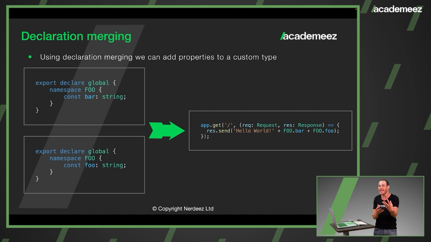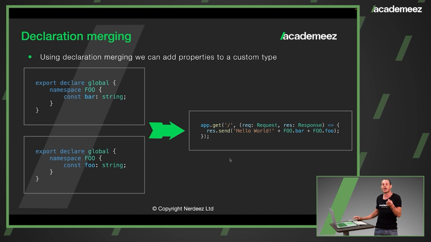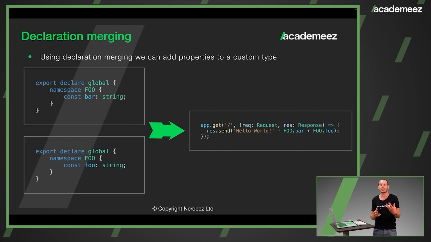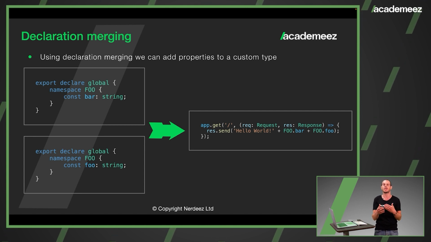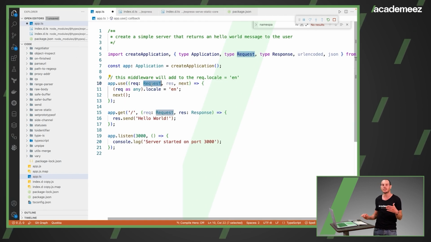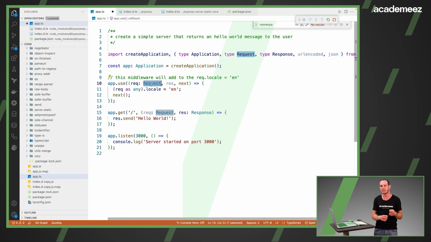So basically we extended a namespace. We added more properties to the namespace. And then TypeScript recognized that on the global scope, there is a foo namespace with a bar and a foo. So we use declaration merging to add data to existing types. And the same concept we can use to take the type of the request object and use declaration merging to add properties, to add data to the request object.